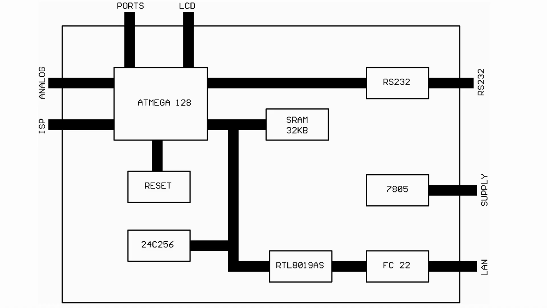The board is equipped with an ATmega128 RISC microcontroller, an Ethernet controller, 32 kilobytes of external SRAM, 32 kilobytes of EEPROM, an LCD interface, a pin header for the remaining microcontroller IOs, a reset controller, and an onboard voltage regulator.